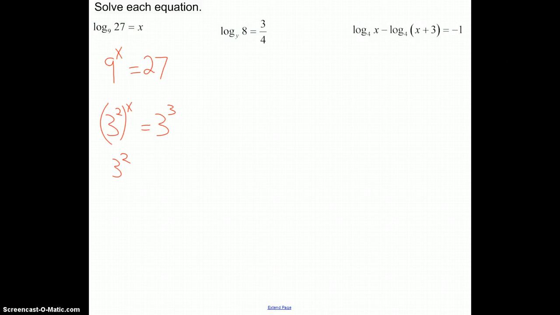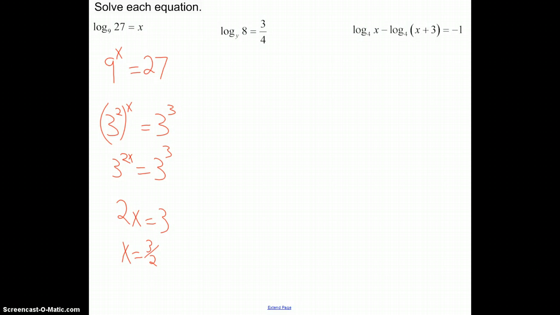So we have 3 to the 2x equals 3 cubed. Equal expressions, equal bases, exponents must be equal. So x is 3/2.